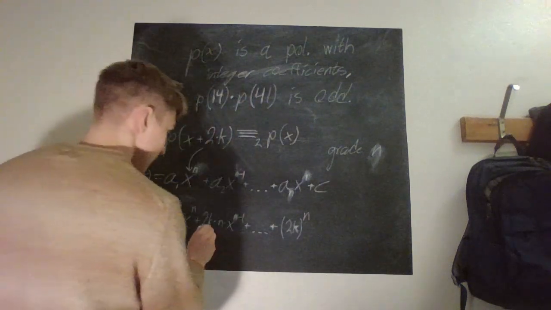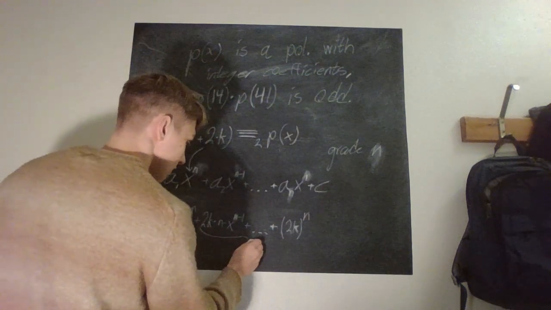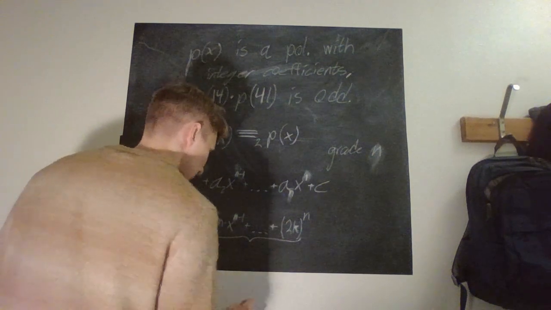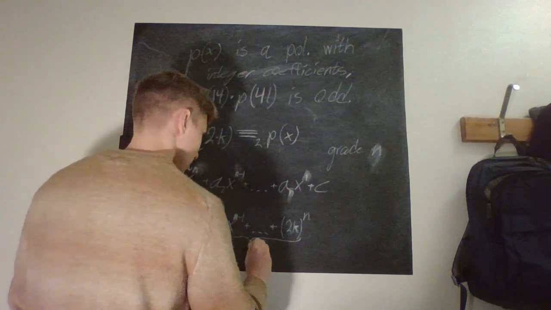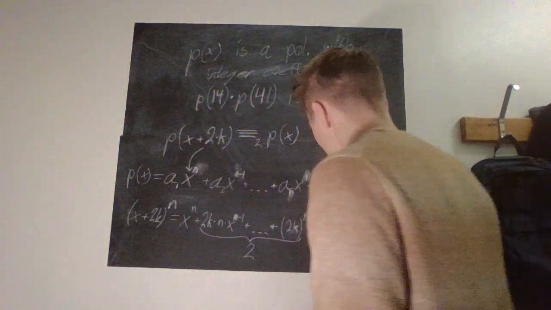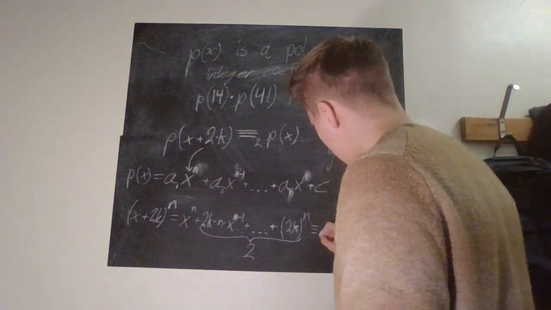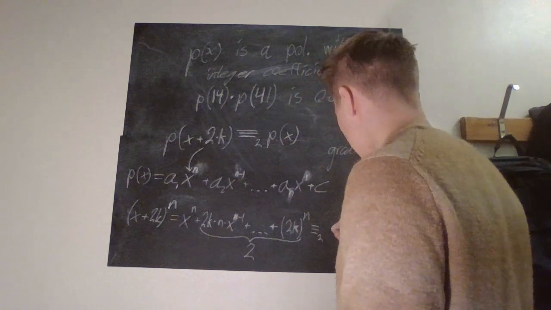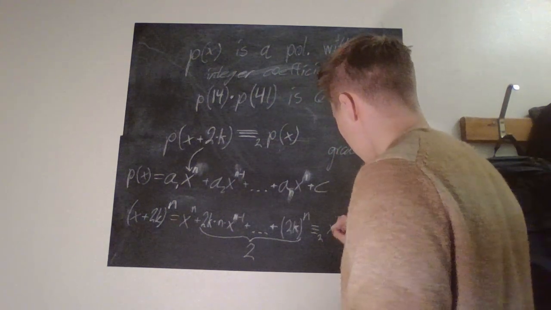And as we can see, all of these terms contain a 2. So therefore, when we do modulus 2 with this, we just get x to the power of n left.